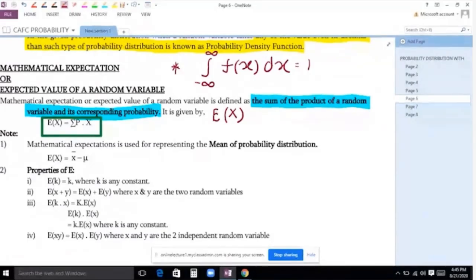For finding the mathematical expectation or the expected value of a random variable, what kind of information do you expect from the question? Answer quickly.